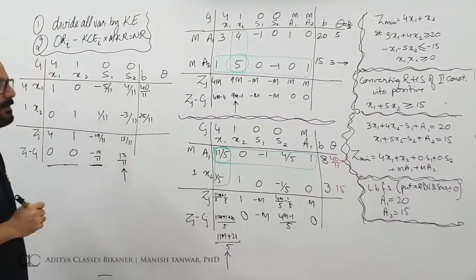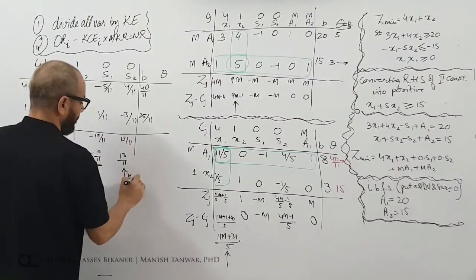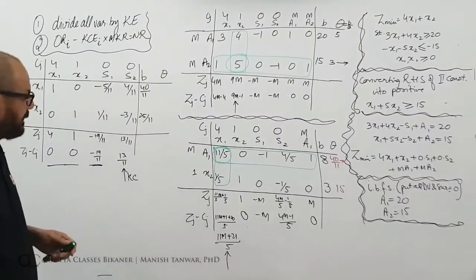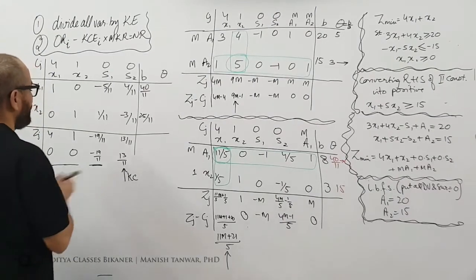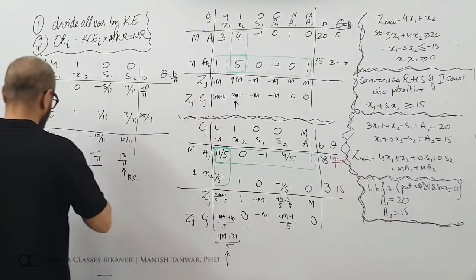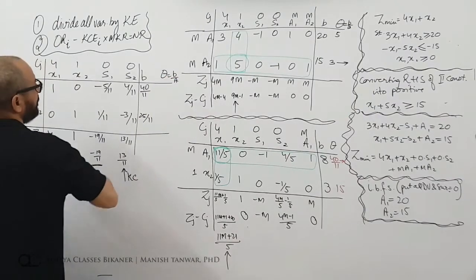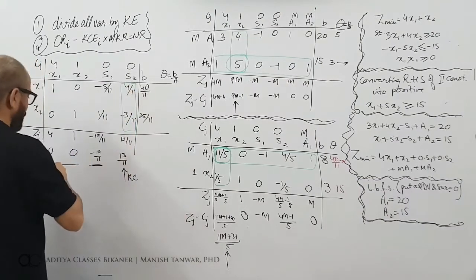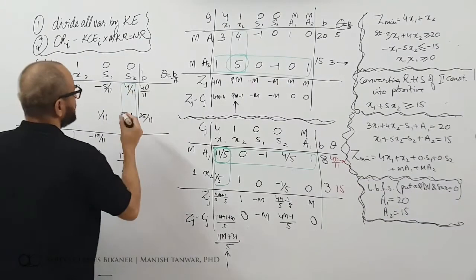So 13 by 11 gives me my key column. So now that we have our key column, we need to find out our key row. How do we find out key row? Theta will be B by A. As soon as we get our key column, here is my key column. This is 11.